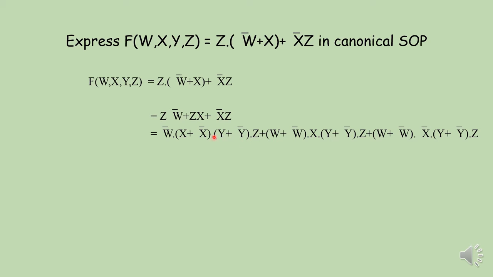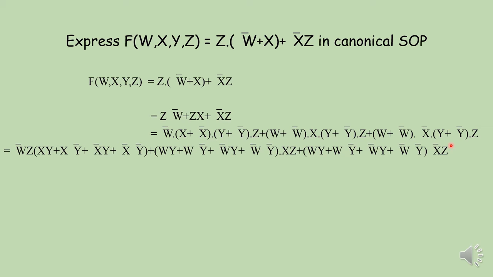In the second term, the w and y terms are missing, so here we can multiply xz with w plus w bar and y plus y bar, right? In the third term, the w and y terms are missing, so x bar z can be multiplied with w plus w bar and y plus y bar, right?